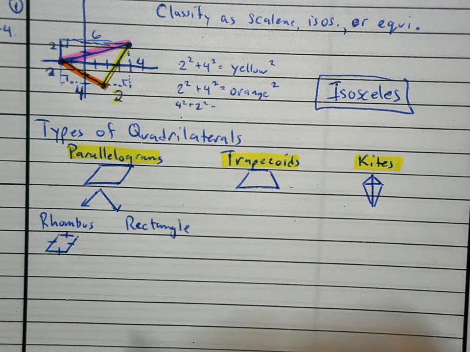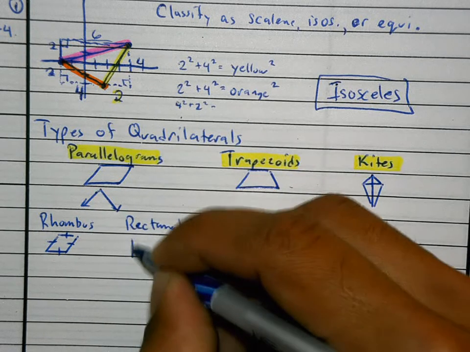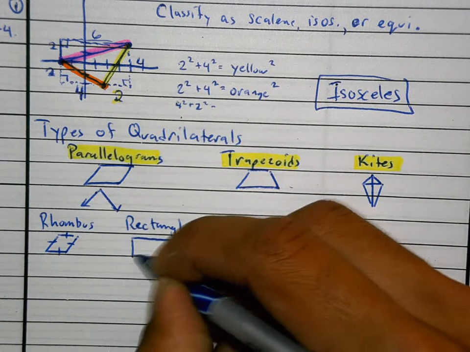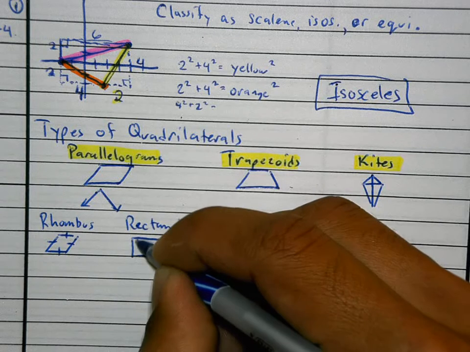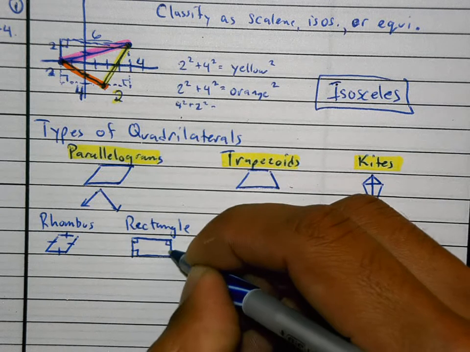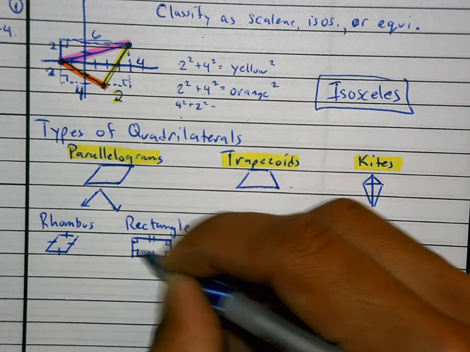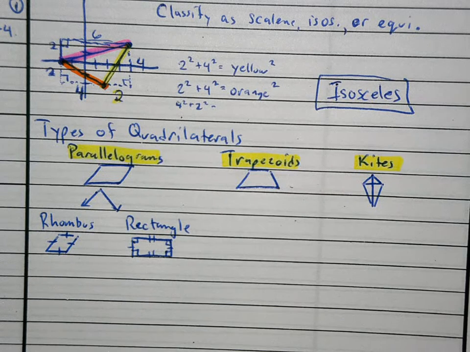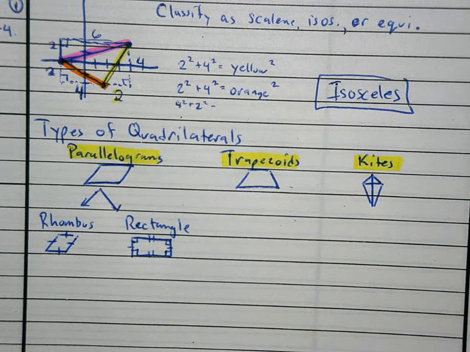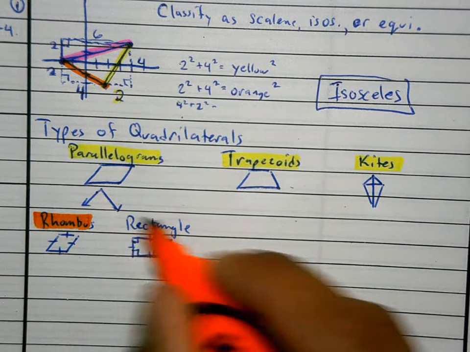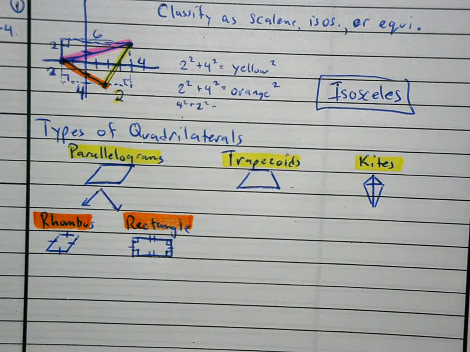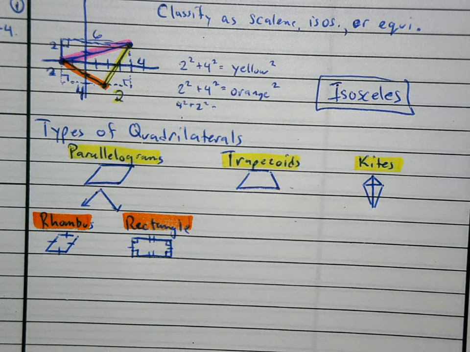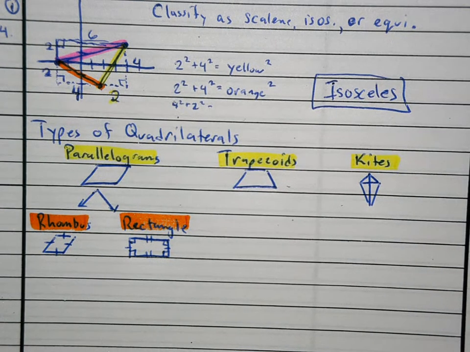And then there's a rectangle, which has two pairs of opposite sides that are congruent with four right angles. A rhombus and a rectangle are parallelograms.